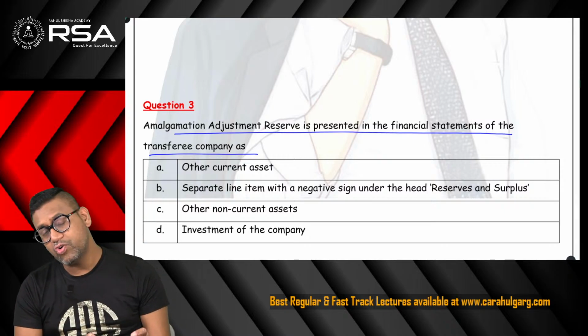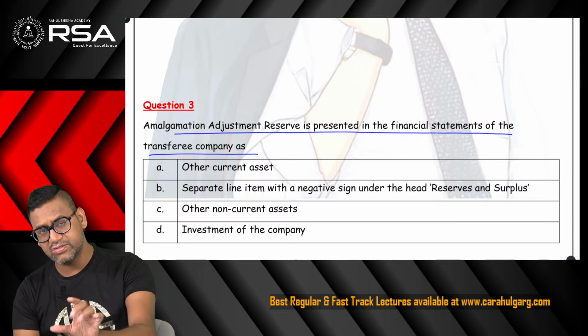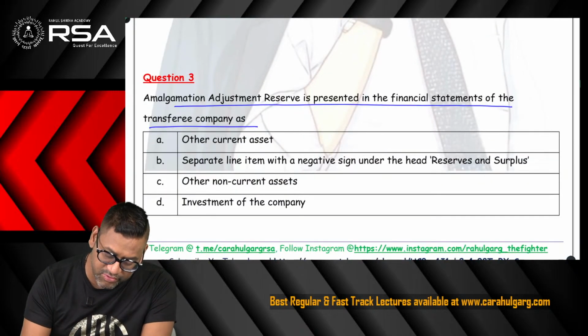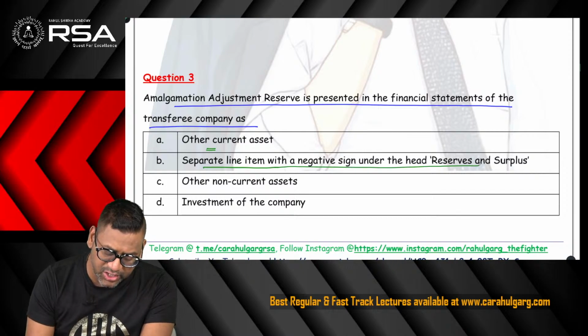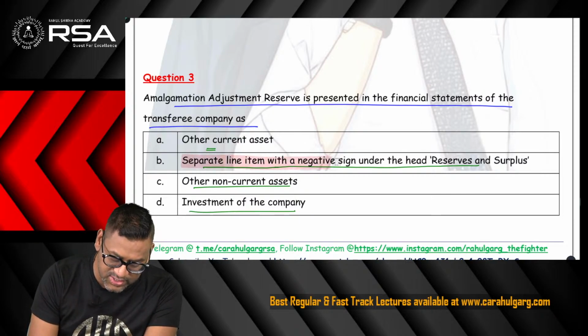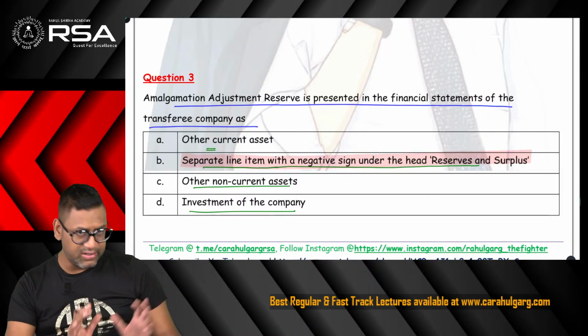The account you create to note down the statutory reserve is the amalgamation adjustment reserve. Where is it shown by the transferee, that is the purchasing company? It gives various options: other current asset, or a separate line item with a negative sign under the head reserve and surplus, or other non-current asset or investment. What's the correct answer? Option B is the correct answer: a separate line item with a negative sign under the head reserve and surplus.